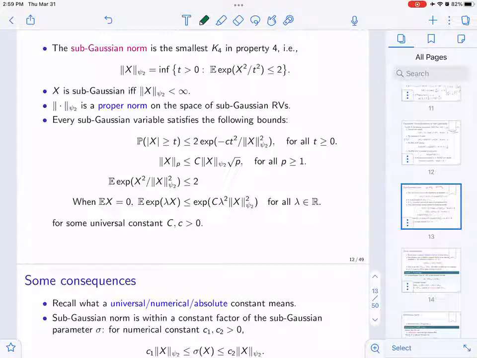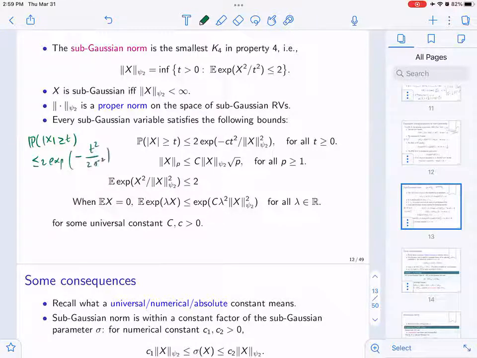So, for example, I can work with this psi2 norm, and I can manipulate random variables, and then once I have a bound on the psi2 norm, I get this tail bound. So this bound in our previous slide was something like this: negative t squared over 2 sigma squared.